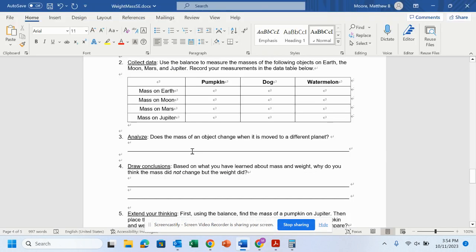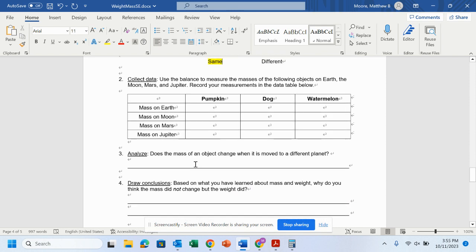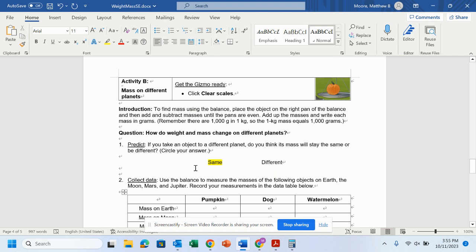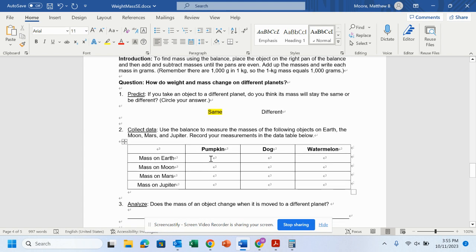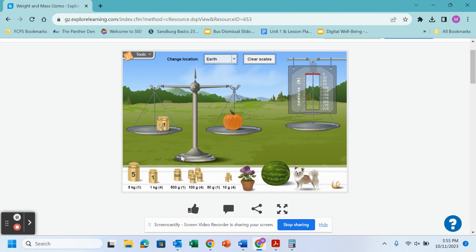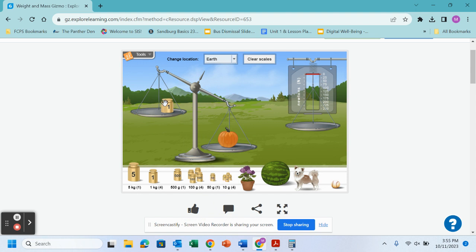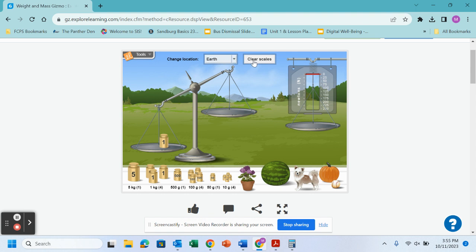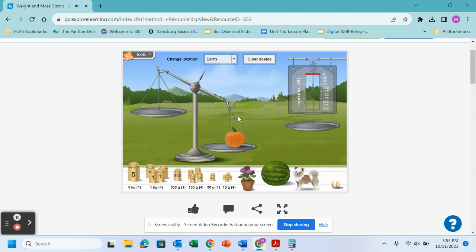And then what did the directions say? Okay, so we're going to clear scales. We're going to try that one more time. We're going to do the pumpkin.